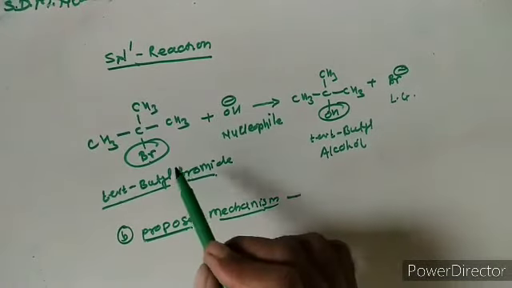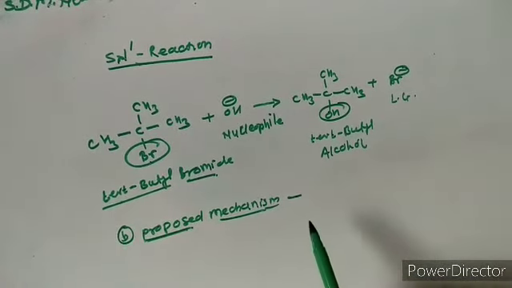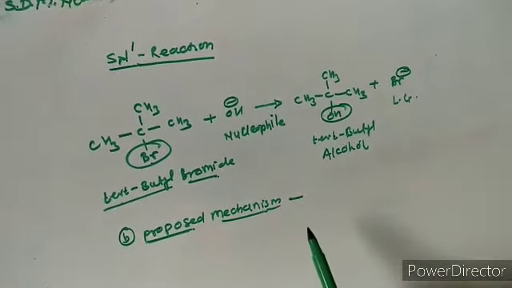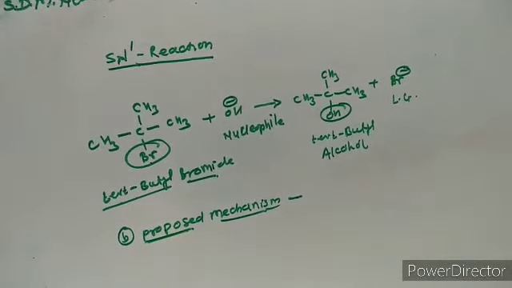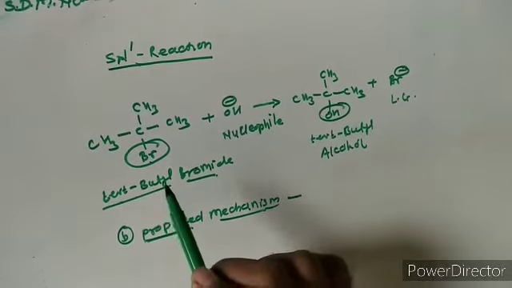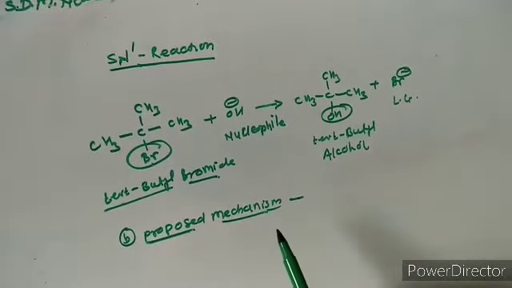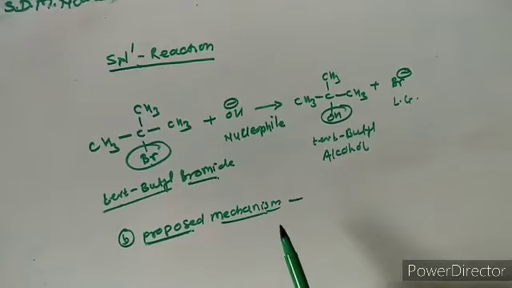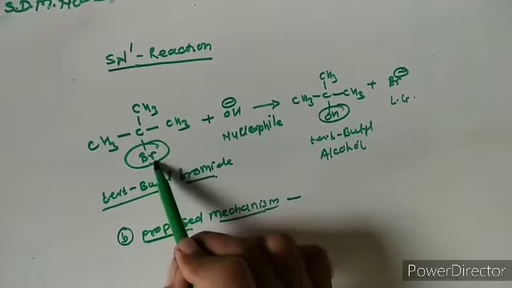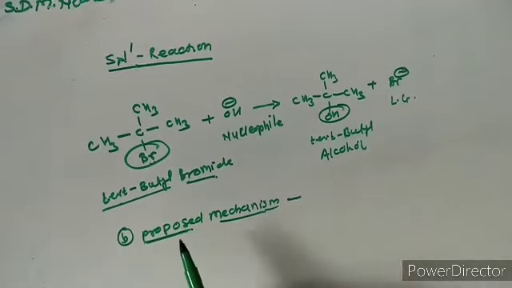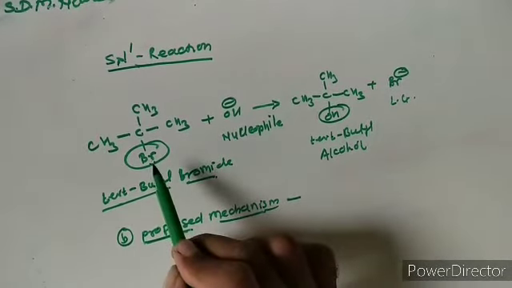As we know, this is an SN1 reaction, a first order reaction. That is, the rate of this reaction depends totally on the concentration of the reactant. So in the rate determining step or slow step, only one molecule is involved. That is, there is a breaking of the alkyl and halide group, and this happens only in the slow step.